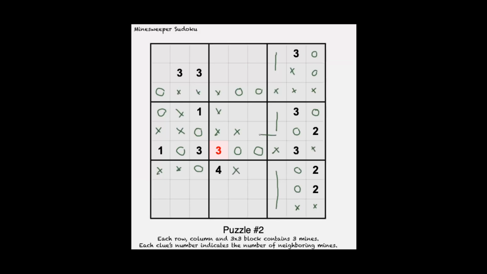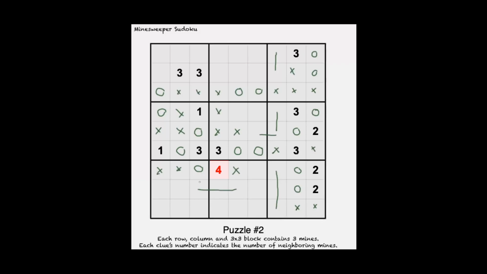There's going to be a mine in this row in one of these 2 squares. This 4 already has 2 mines. It needs 2 more, and they're going to go in one of these 3 squares.